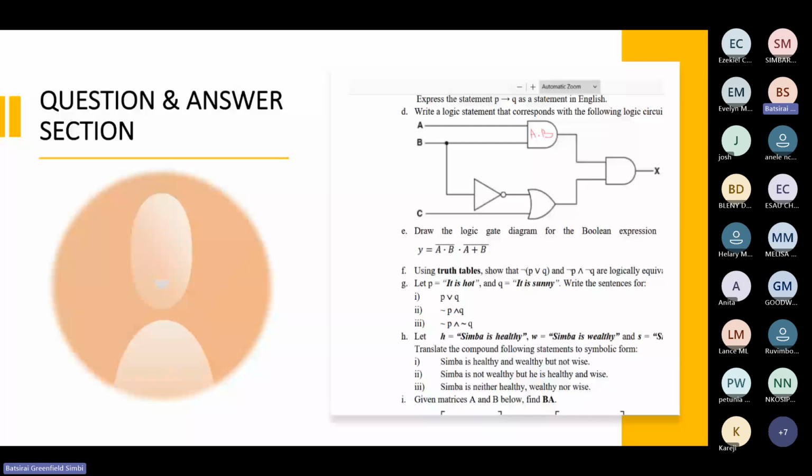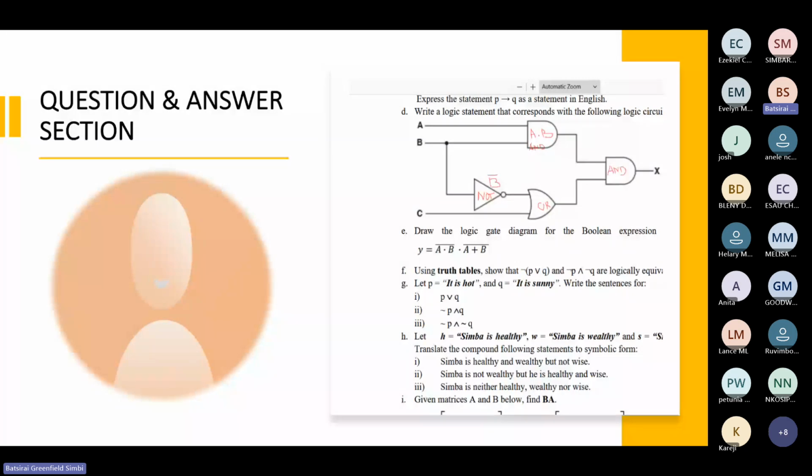So here we've got a C, but this one is an OR gate. This one is a NOT gate, and this one is an AND gate. Here we've got another AND gate. So here it's plus.